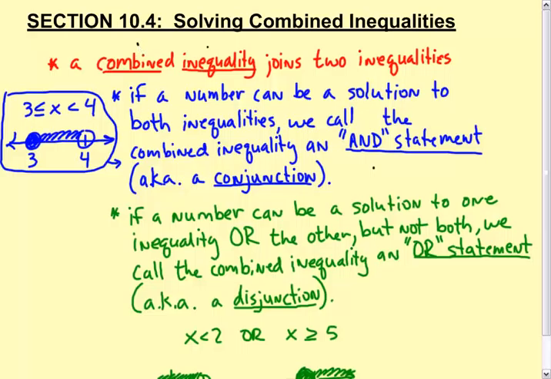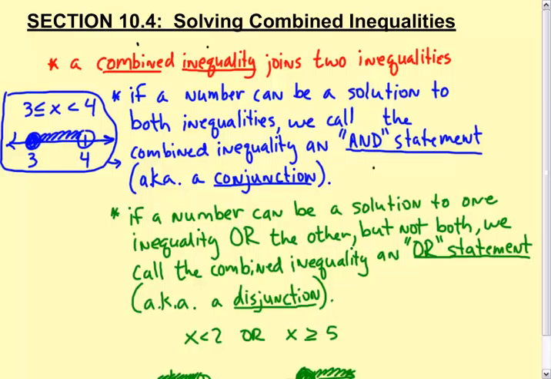A combined inequality joins two inequalities, okay? If a number can be a solution to both inequalities, we call the combined inequality an AND statement. It's also known as a conjunction. So let's look at this graph.